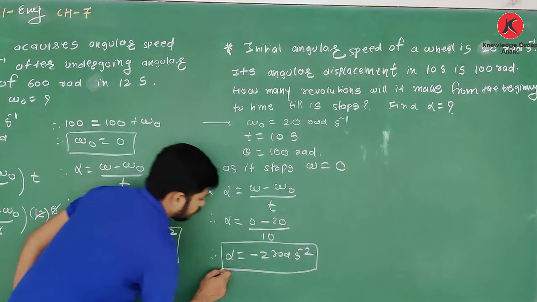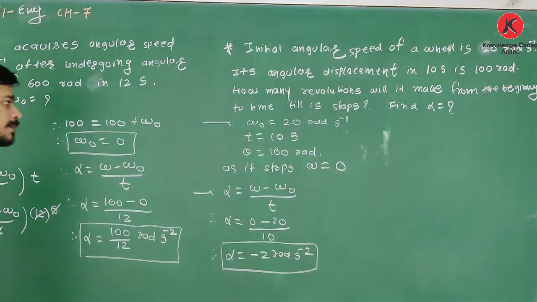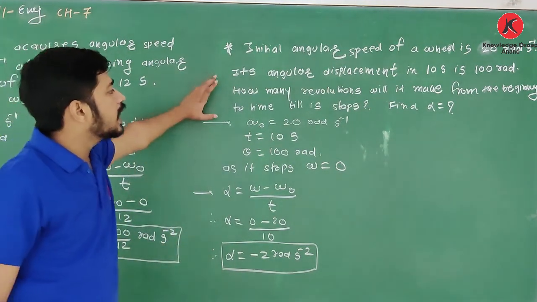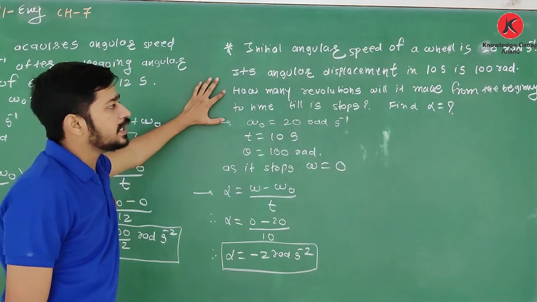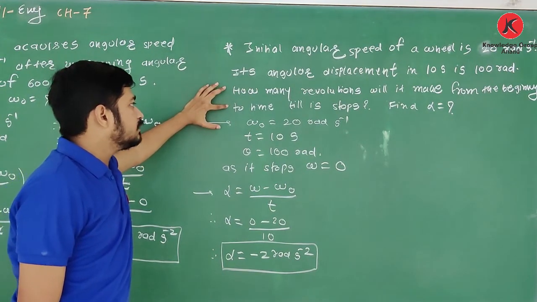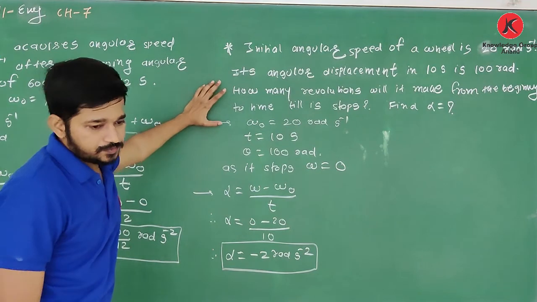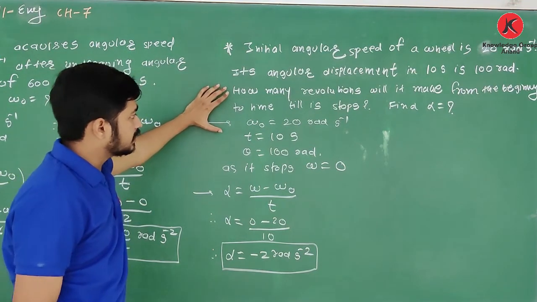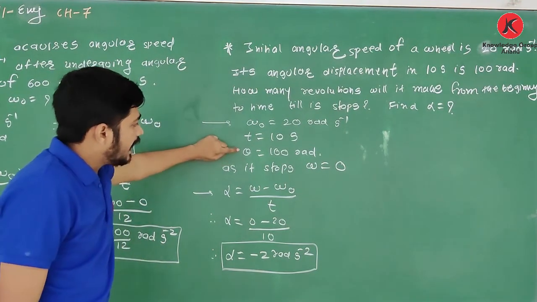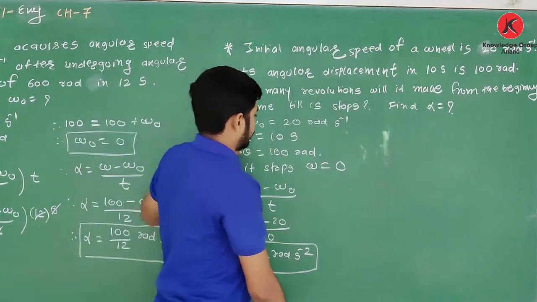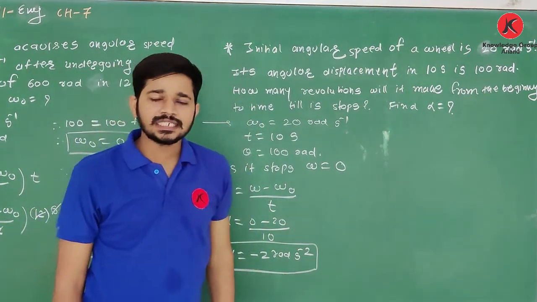So the first question is done. Now you have to find how many revolutions it will make from the beginning till it stops. How to find the number of rotations? Angular displacement is 100 radian.